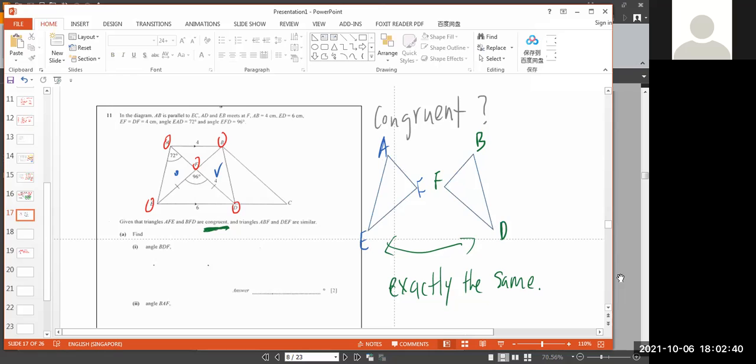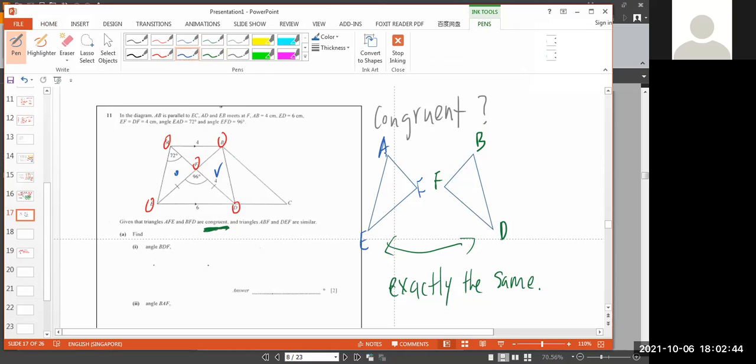Can you see that the question already gives you this is 70, this part is 72, right? 72 degrees, by the way. Because these two are exactly the same, if this angle is 72, that means this is also 72, right?